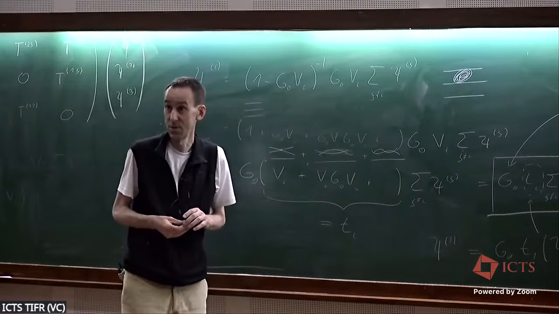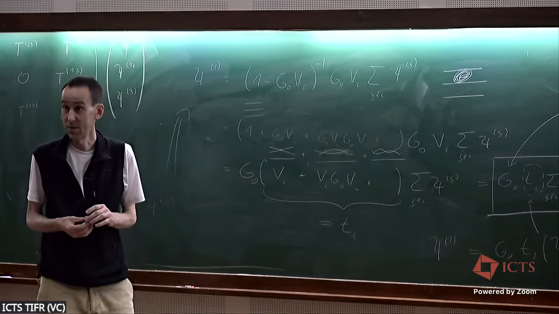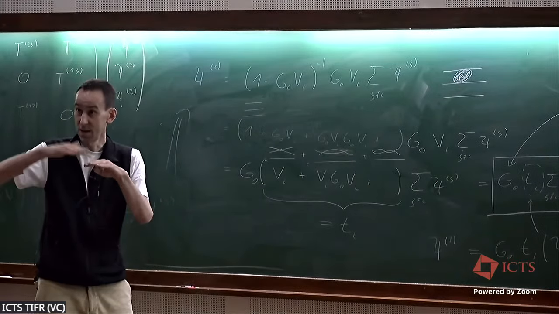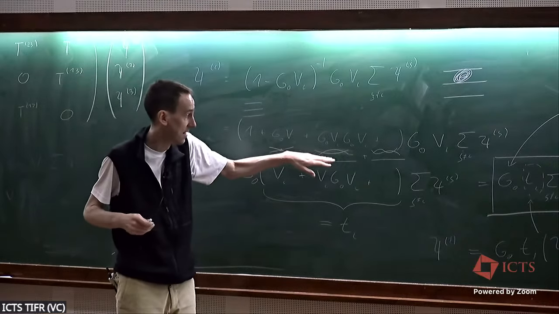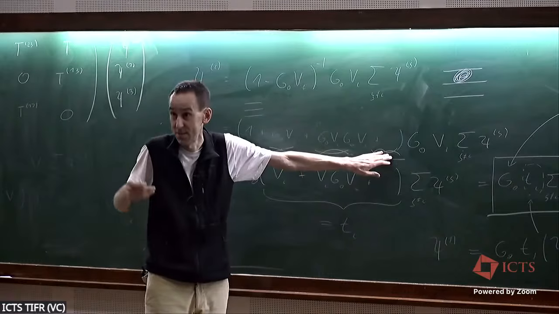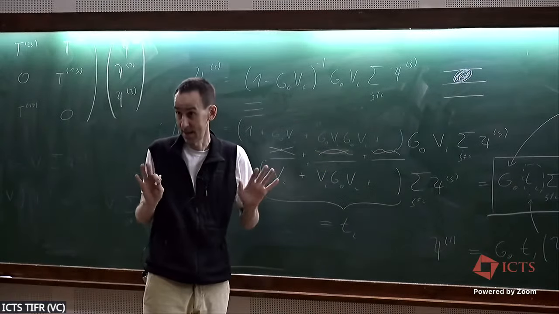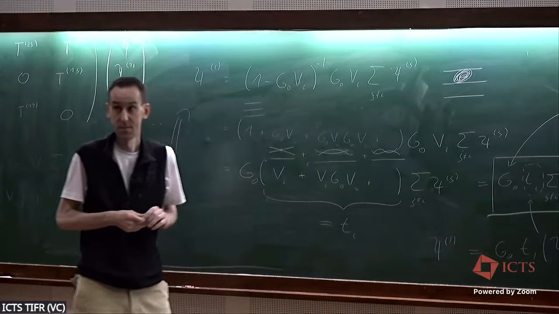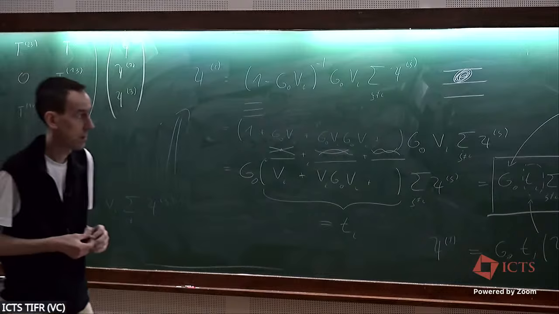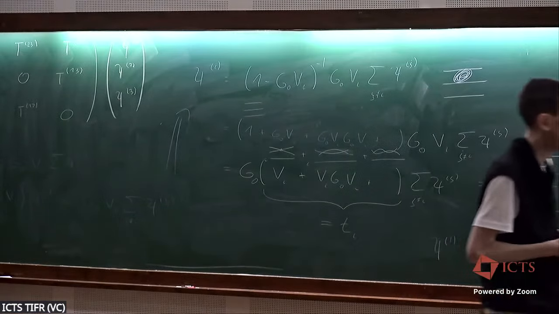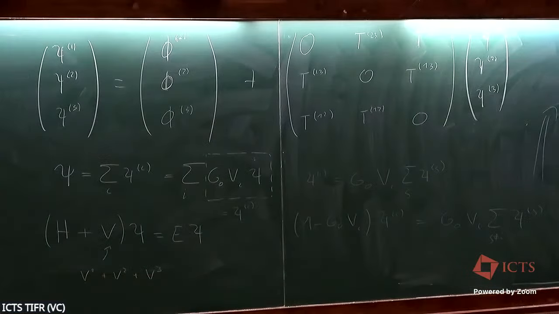So you don't get a different power counting if you choose lambda larger or smaller, meaning that all of a sudden these are suppressed by a certain power. This doesn't happen.